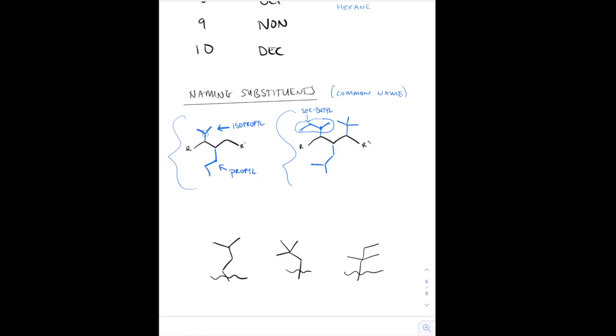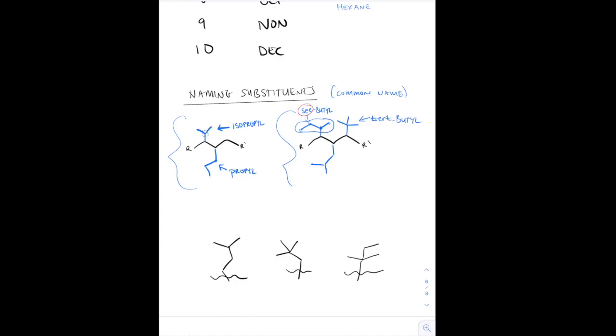But if you ever see it in print, you'll notice that sec, as well as this guy right here, tert-butyl, are always going to be in italics. They're going to be italicized because of a distinction that we want to make very clear.